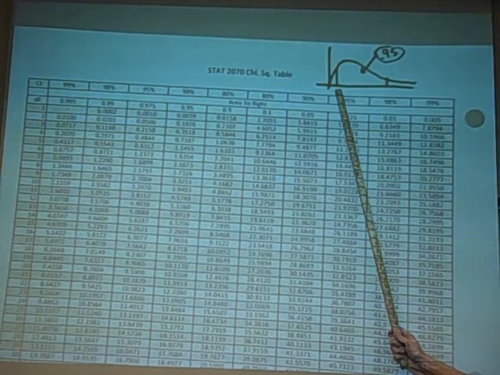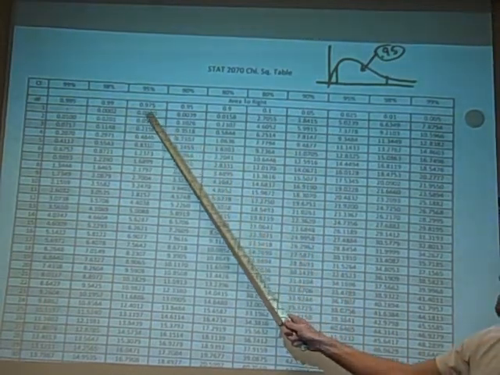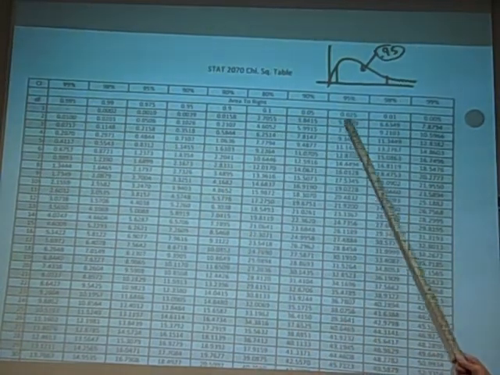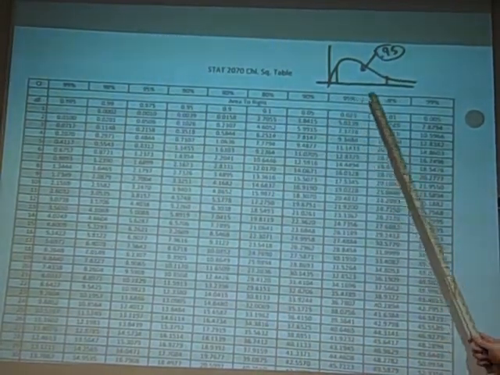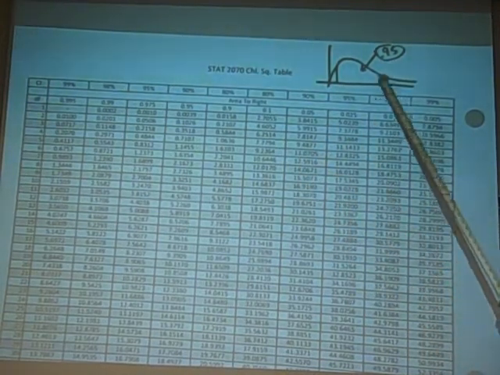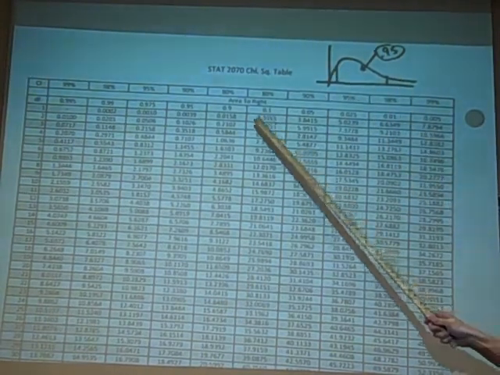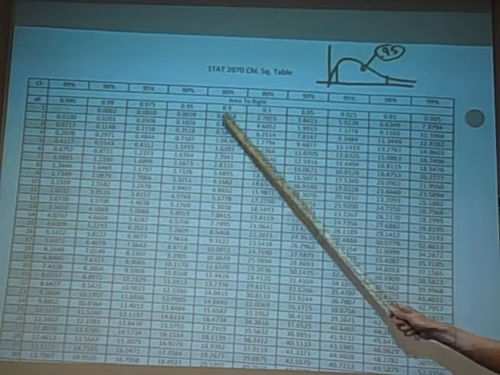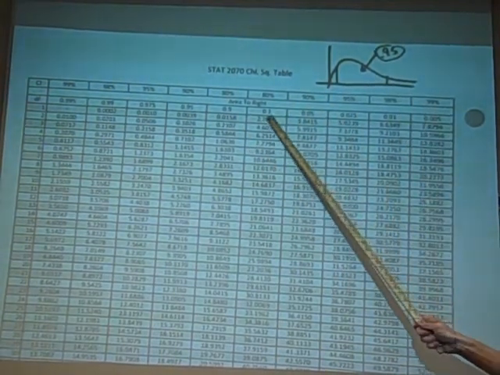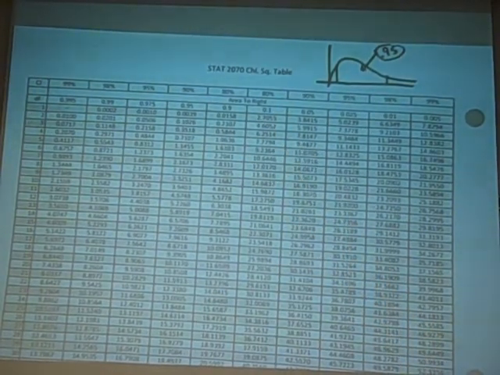If there's 0.025 to the left, how much is to the right? 0.975. So that's why this one says 0.975 and this one says 0.025. It's just saying, do you want this one or this one? If you do 80%, there's 10% here and 10% here. For this value, if there's 10% to the left of it, there's 90% to the right of it. And here, there's 10% to the right of it. So that's what that other row is giving you.